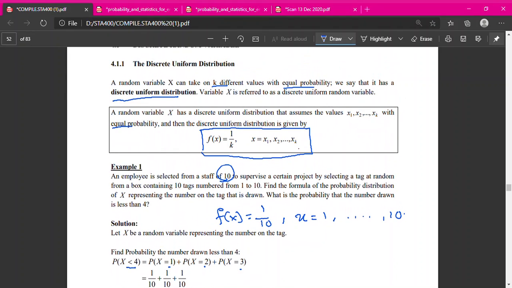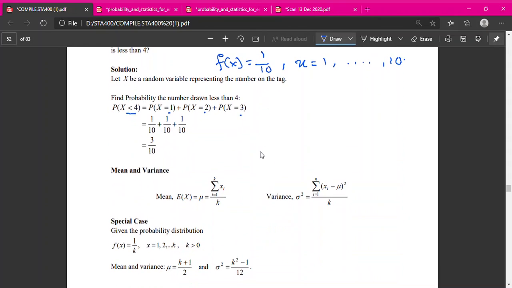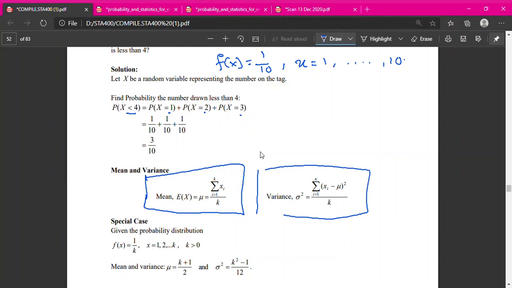Kena tahu function ni, this function. And then kita kena tahu dia punya mean. Mean untuk uniform distribution adalah summation of x divide dengan k, total of x divide dengan k, dan dia punya variance adalah this part adalah variance divide dengan k dekat dengan bilangan dia. Okay, so that's all.